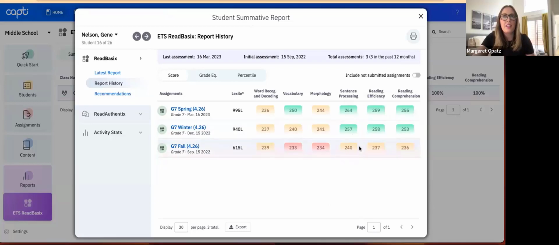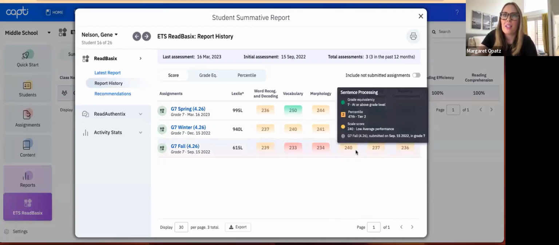So here you can see that at the beginning of the school year of 7th grade, I should mention this, all names here are pseudonyms, and this is based off of real student data, but it's all fictionalized in this case. So at the beginning of the year, Jean was at 240, which is that low average.